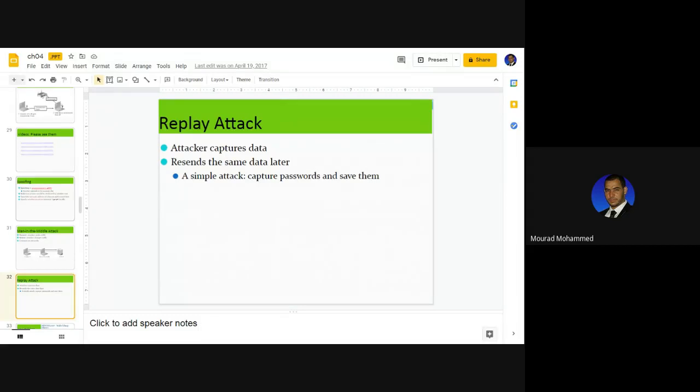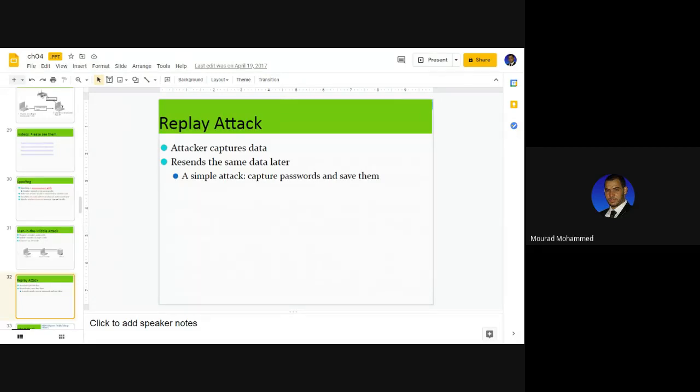I give the example of the car key. Whenever you try to open your car using your wireless key, you press the button, the car opens. Or you press the button again, the car closes. So a wireless signal has been submitted, and this wireless signal is unique. Unique means the car will receive a different ID every time.